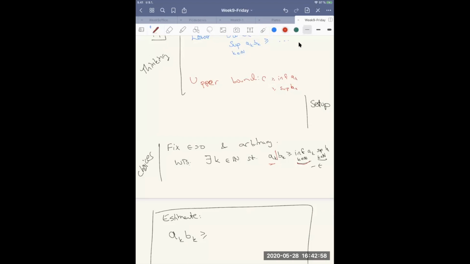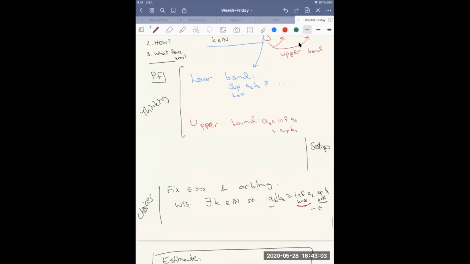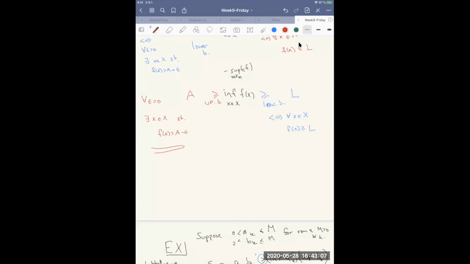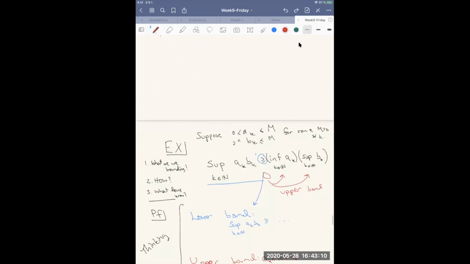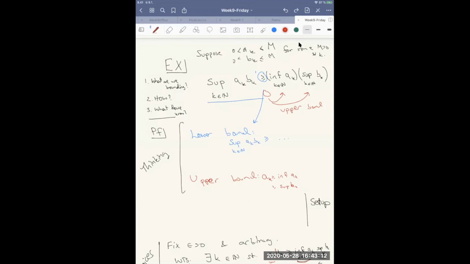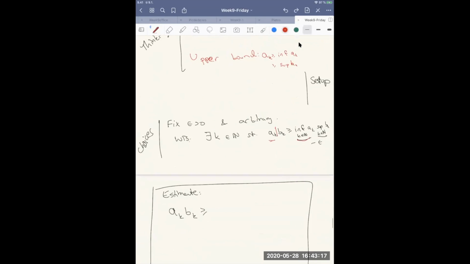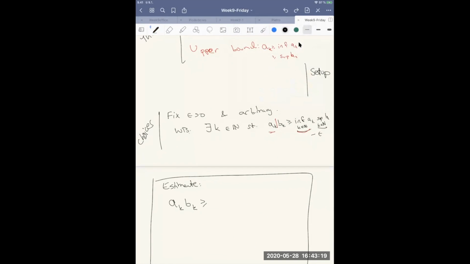Well, the useful thing here is that inf is always less than or equal to a_k. So we want to go down, we want to get an inf here. So a_k is less than or equal to inf of all the numbers. And let's put an n here so that we don't mix up the number indices that we're using.